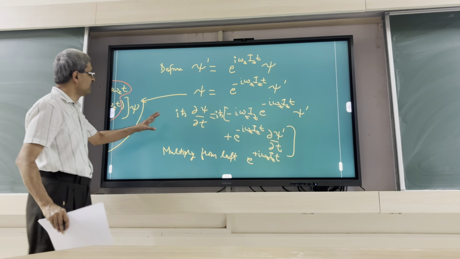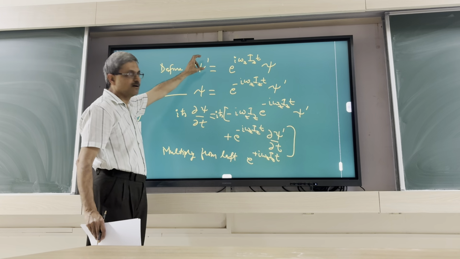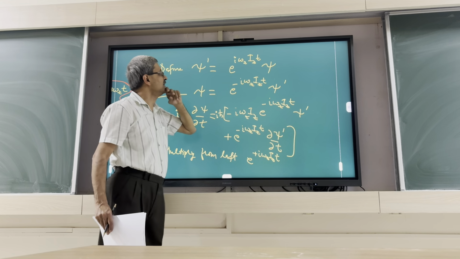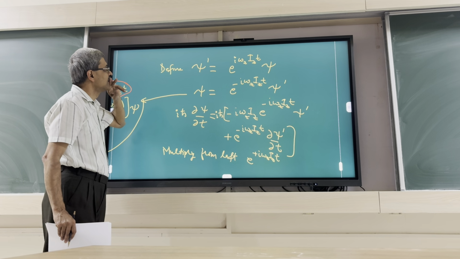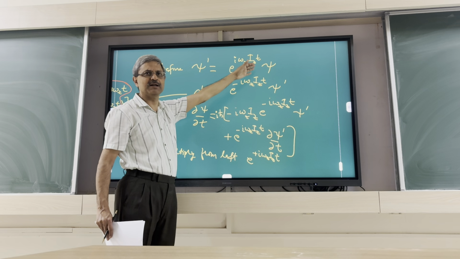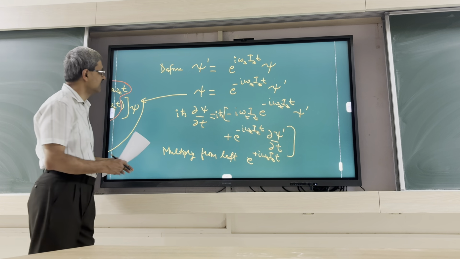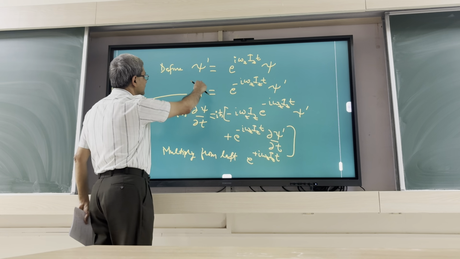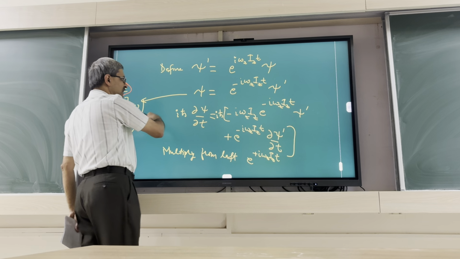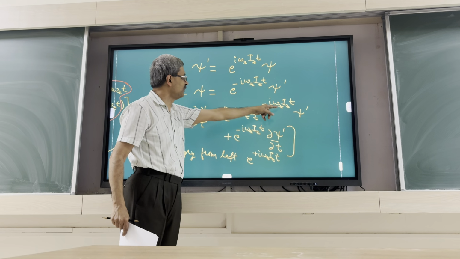Okay, so what are we doing? We started with the Schrodinger equation. We defined a psi prime, which is basically time evolution in some sense, rotation with time, right? So when you have an i theta t operator, basically rotating the wave function, we rewrite the wave function in terms of psi prime, take the derivative, and then put that back in the Schrodinger equation, and you notice you have an e to the minus i omega z I z t.